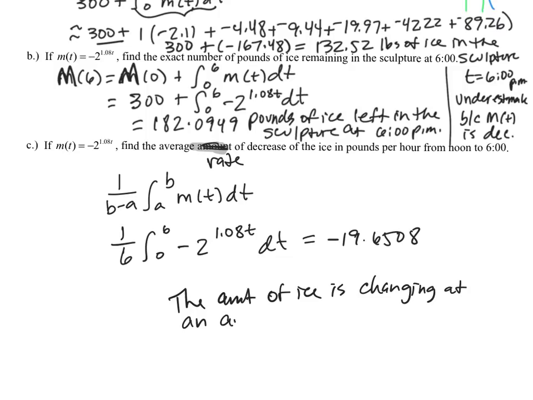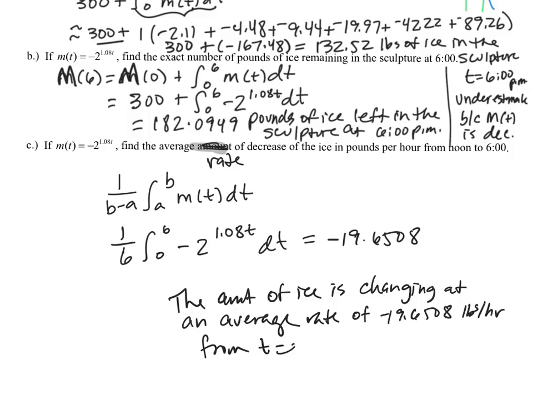So at an average rate of negative 19.6508, and the units would be pounds per hour. So that's the watt. The watt is the rate of change of the amount of ice in pounds per hour, and then the when with units would be from t equals 0 to t equals 6 hours, so don't forget the unit.